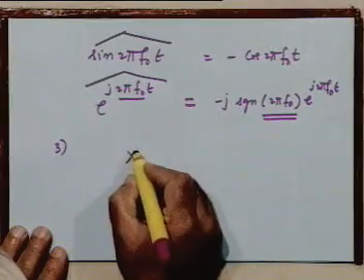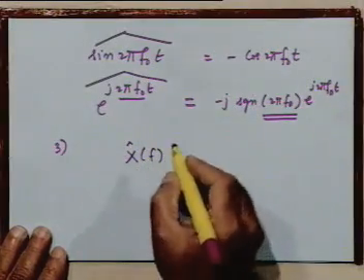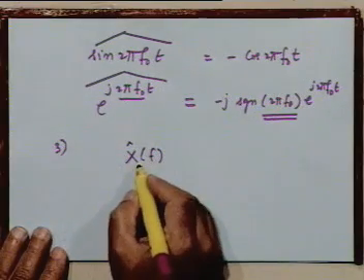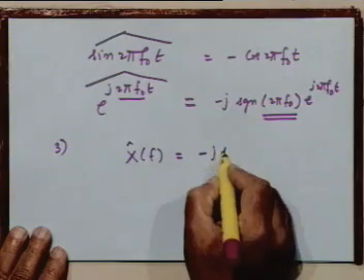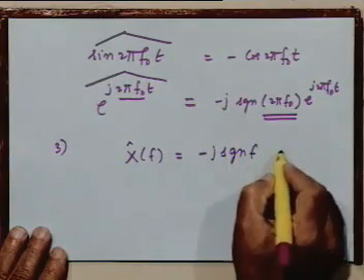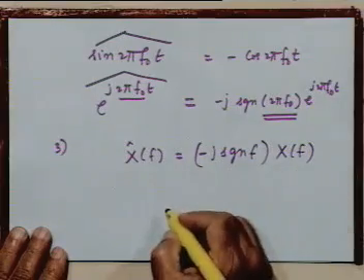So if you look at it in the frequency domain, x hat(f), the Fourier transform of the Hilbert transform of x(t), I'll denote by x hat(f). What is this equal to? Minus j signum f into X(f), right?